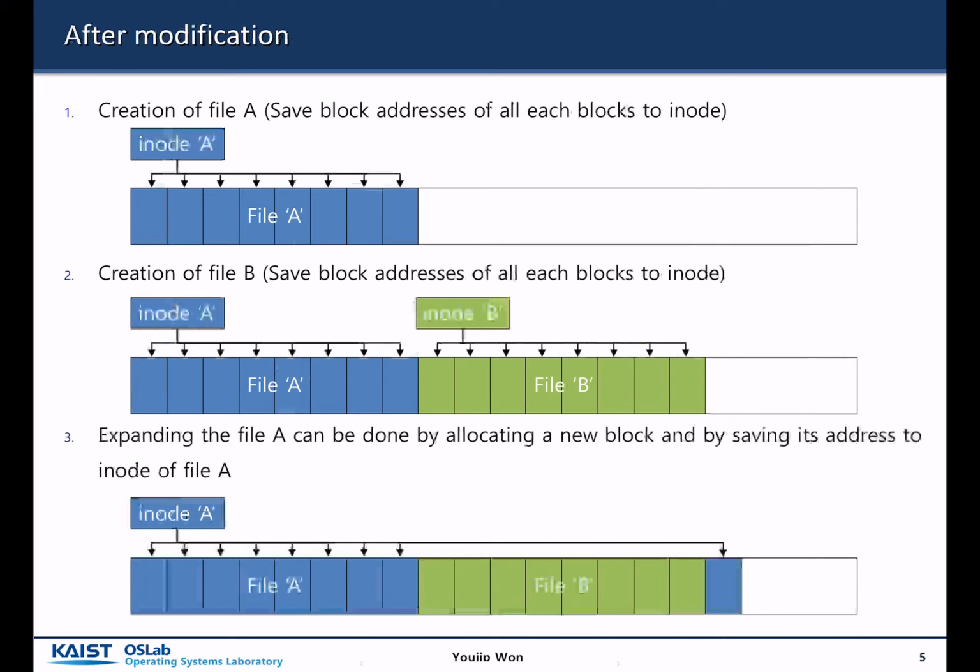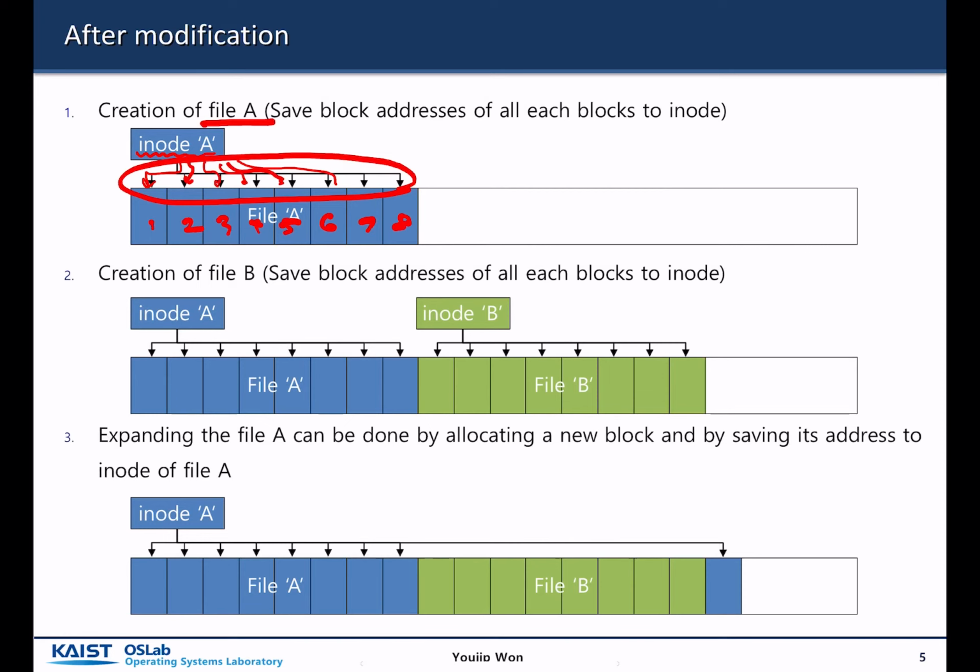After modification, you're going to modify the file structure in the Pintos operating system. How? Let me show you. After modification, an inode is going to have a bunch of pointers, and each pointer will point to the data blocks. At the creation of the first file, you allocate 1, 2, 3, 4, 5, 6, 7, 8 blocks, with 8 pointers.